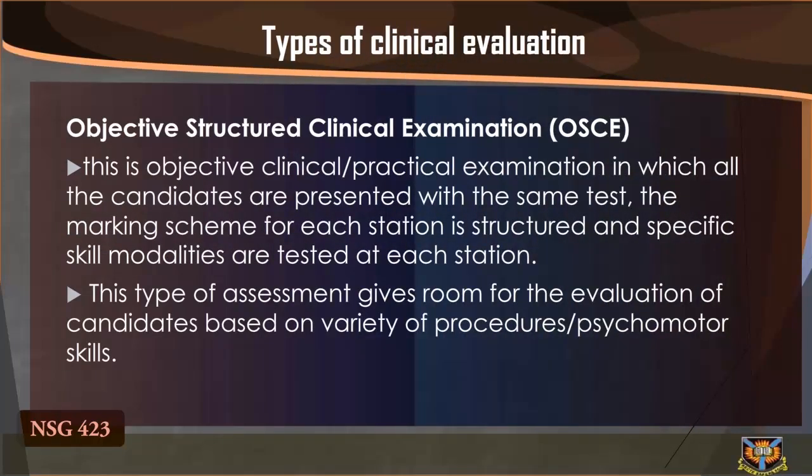Objective Structured Clinical Examination (OSCE). This is an objective clinical or practical examination in which all the candidates are presented with the same test. The marking scheme for each station is structured and specific skill modalities are tested at each station. This type of assessment gives room for the evaluation of candidates based on a variety of procedures or psychomotor skills.